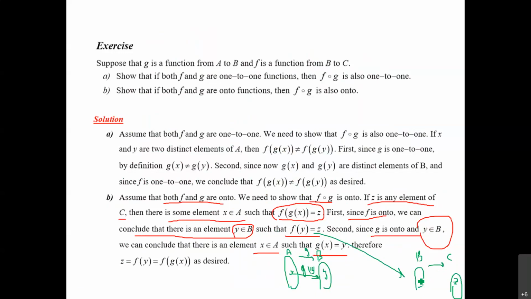We were able to find Y here such that F of Y equals Z.